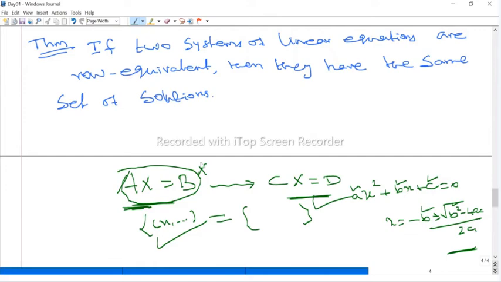If I know this system is equivalent to some other system, the new system Cx equal to D, it may be smaller or simpler. That means this C contains so many zeros, or very small numbers. We can easily find the solution, because the theorem says if it is row equivalent, the solutions are the same.